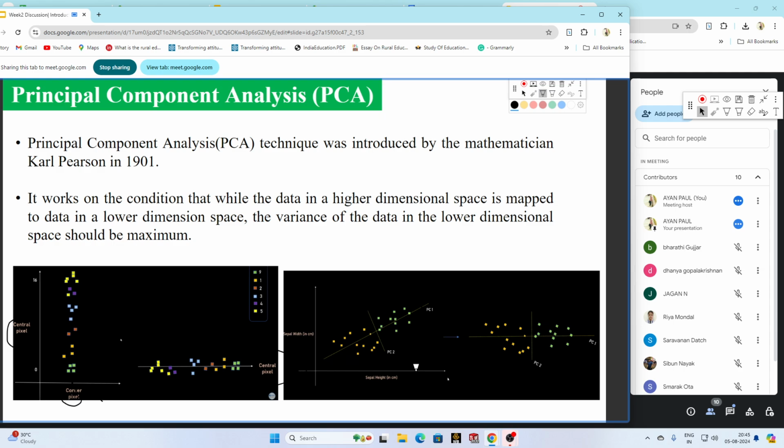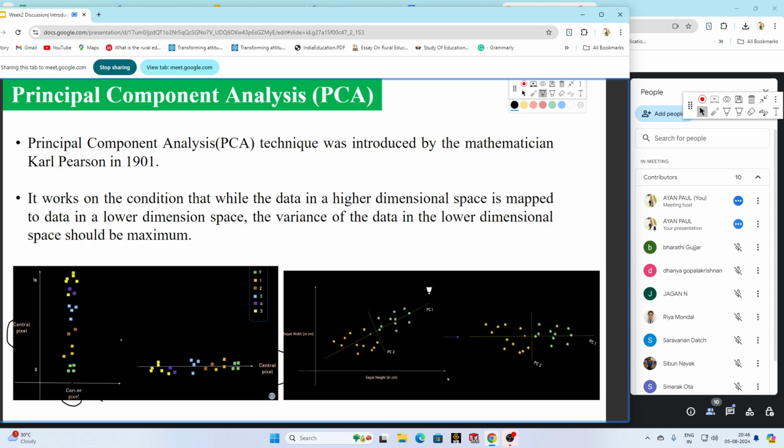Let's explain it with another example. There are two inputs, sepal height and sepal width, and these are the data points. Here you can see there are two directions in which the variation is more.